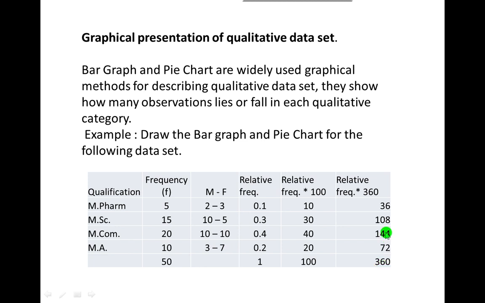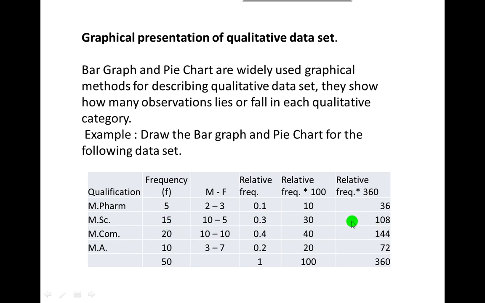So we will use this angle in degrees in the pie chart. We will represent the value 5 in the form of an angle in the pie chart. So this 5 is equal to 0.1, is equal to 10%, is equal to 36 degrees. 15 is equal to 0.3, 30% and 108.